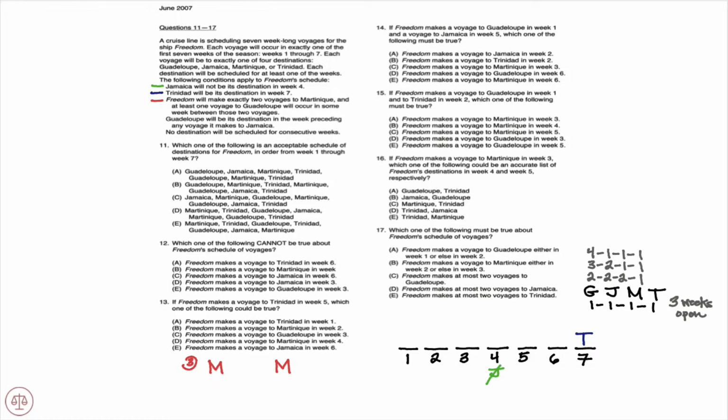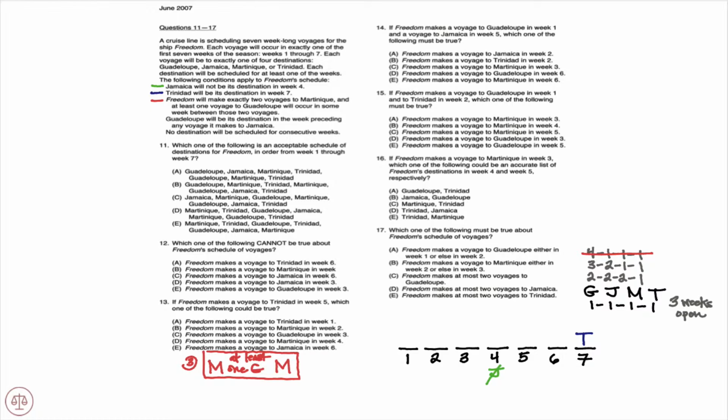So you notice what that does right away is it eliminates the 4-1-1-1 possibility in our numerical distribution, because if Martinique is showing up exactly twice in the 4-1-1-1 possibility, there is no one showing up exactly twice. So that possibility has been eliminated now based on the third condition. And again, the condition is that there is at least 1 trip to Guadeloupe in between the 2 trips to Martinique. So we have that block.